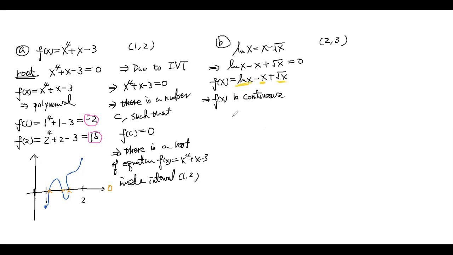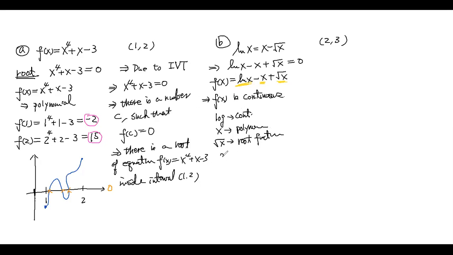So when you add or subtract continuous functions, the result is still continuous. The log is continuous, x is a polynomial and is continuous, and the square root is a root function and is continuous. So when you combine those continuous functions, it's continuous.